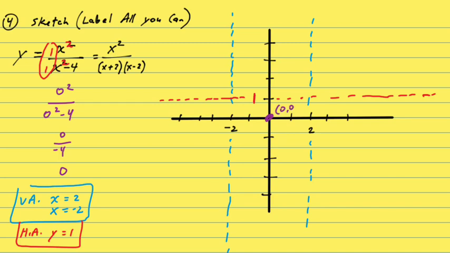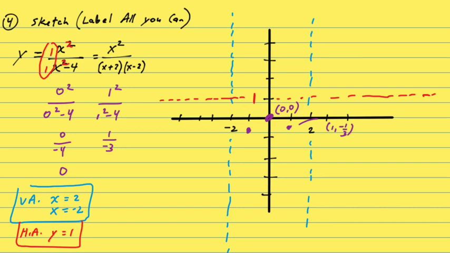So this goes through 0, 0. If I put a 1 or a negative 1 in, what would I get? Negative 1/3. So you have 1 and negative 1, so that's 1, negative 1/3.